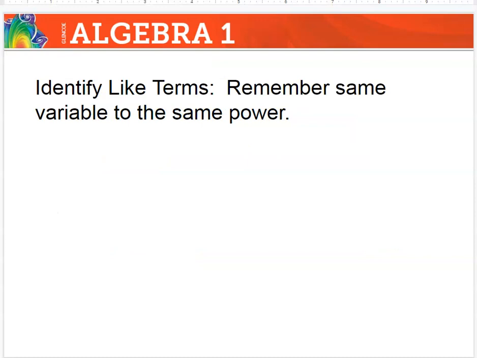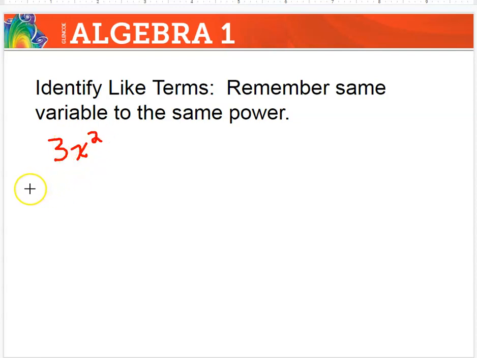Okay, so here we want to identify like terms. Remember, we're looking for the same variable raised to the same power. So if I'm looking for something like 3x squared, okay? I want other terms that have this x squared.